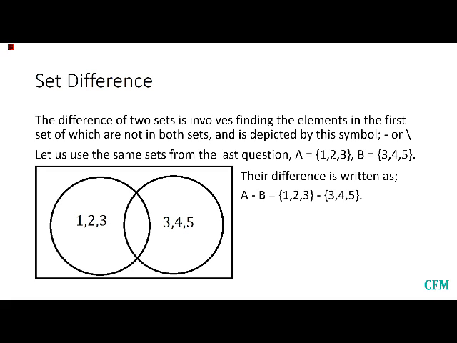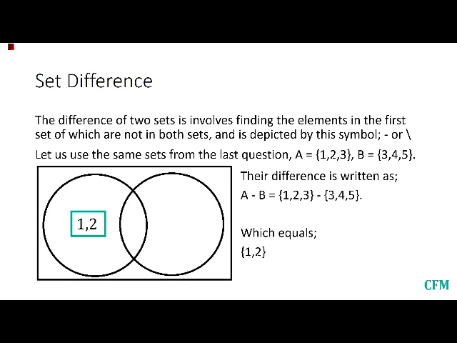In the first set, elements 1 and 2 are not in the second set. So the common element is 3, therefore the set difference of A and B is 1 and 2. I can see how that might be a bit confusing, but it's simply just the first set has the importance, and you take out the elements that are common between the two sets.